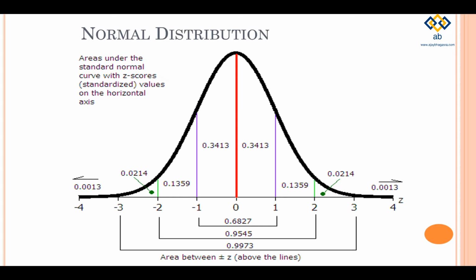Now come to the normal distribution. Now this is a very important thing. If you understood this, you would understand the essence and the basics of Six Sigma. A normal distribution would have a mean sitting right in the middle of it. Remember, this is something super important.